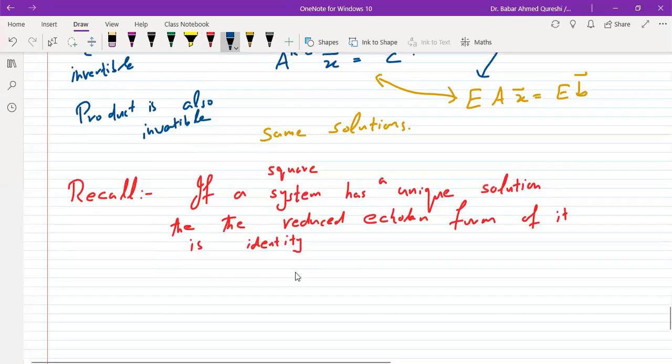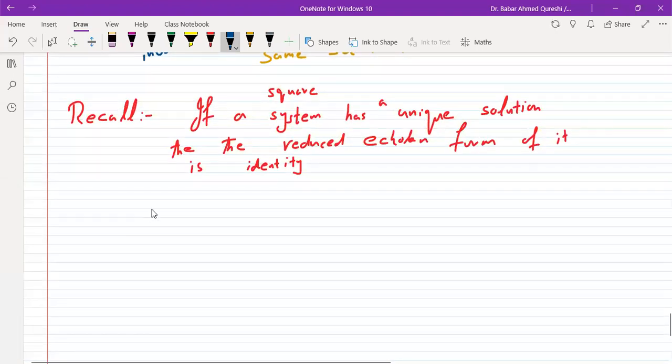You've kind of seen it, but let's see it again. So if a square system has a unique solution, let's say it has n variables.